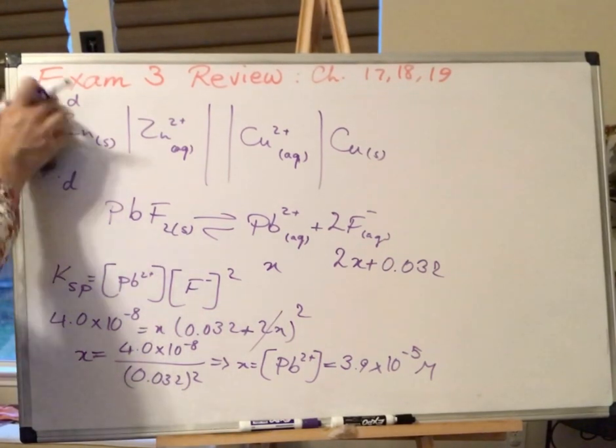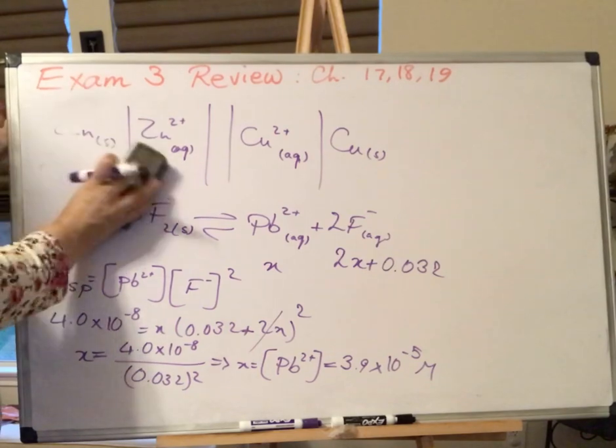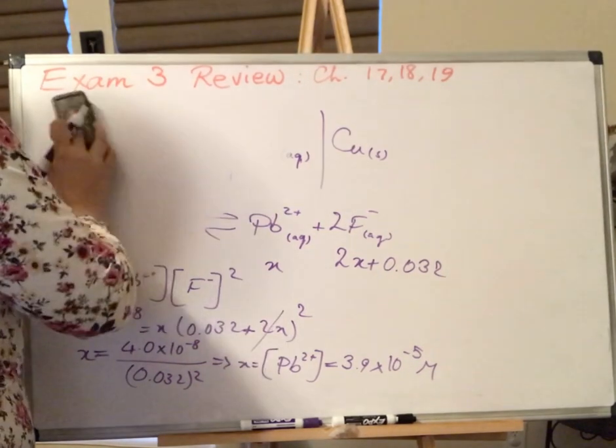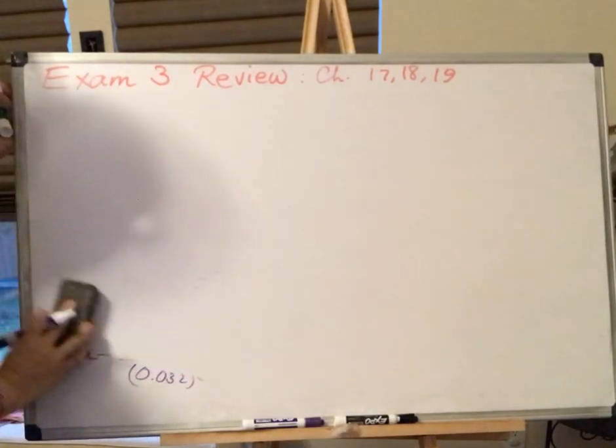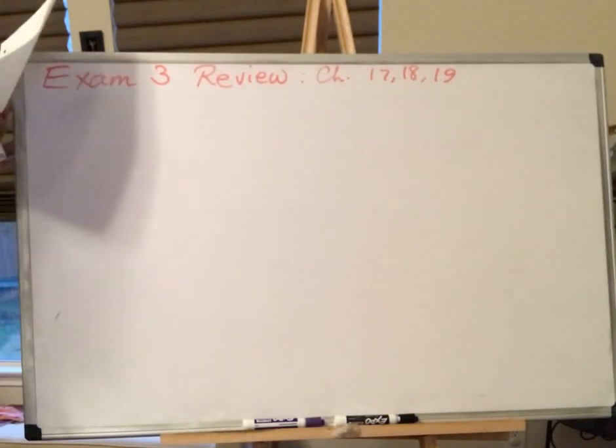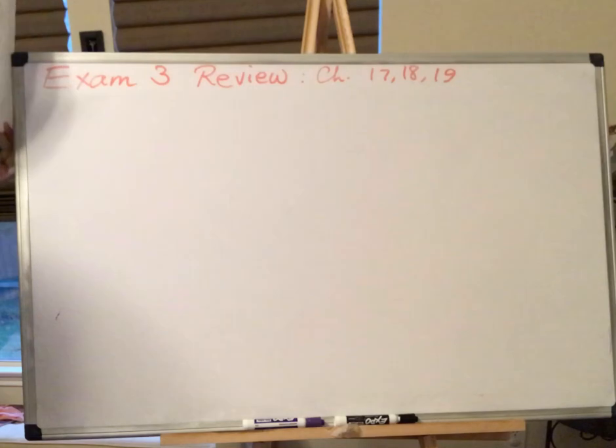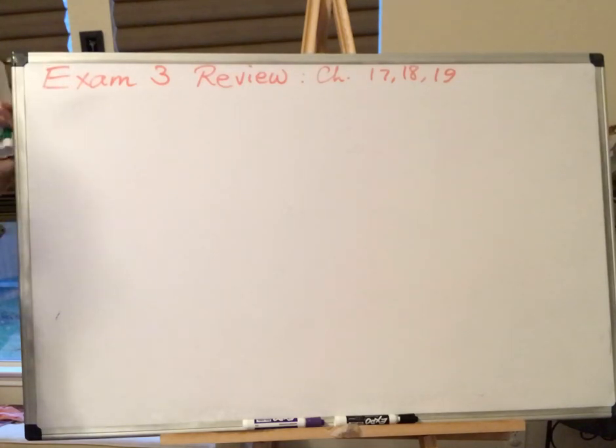Question number 10. Gold with its molecular mass 197 is plated from a solution of chloroauric acid. It deposits on the cathode.